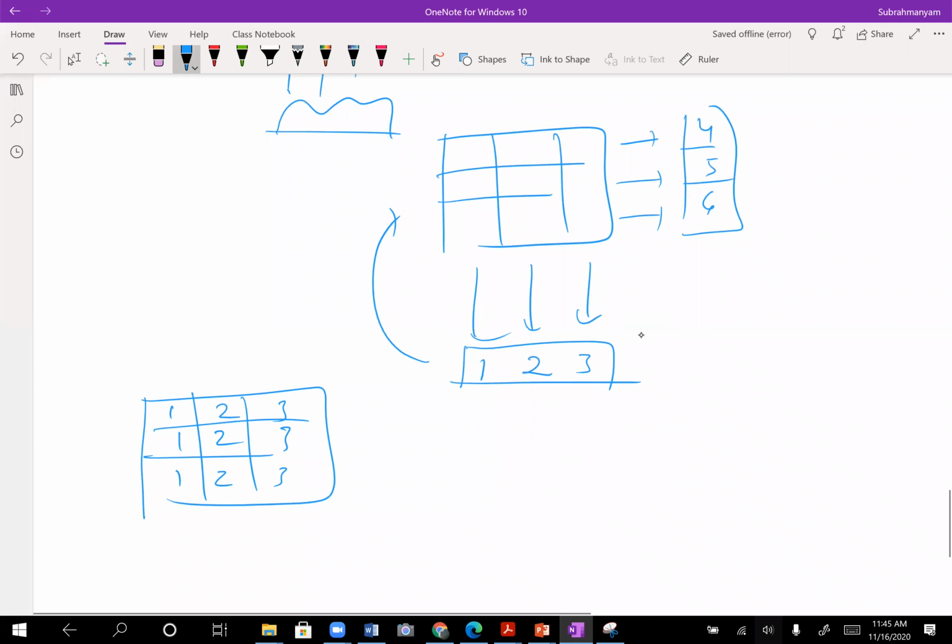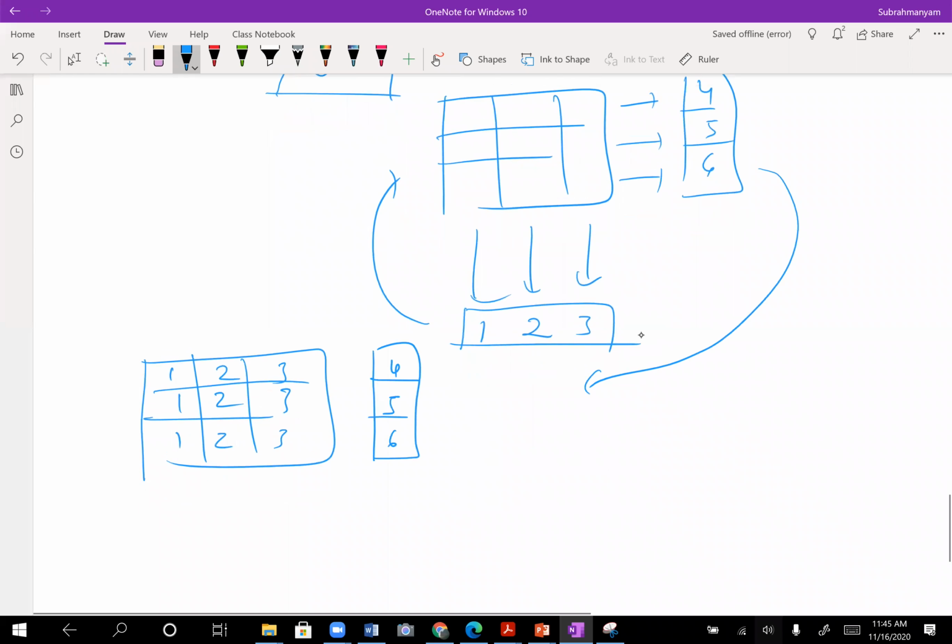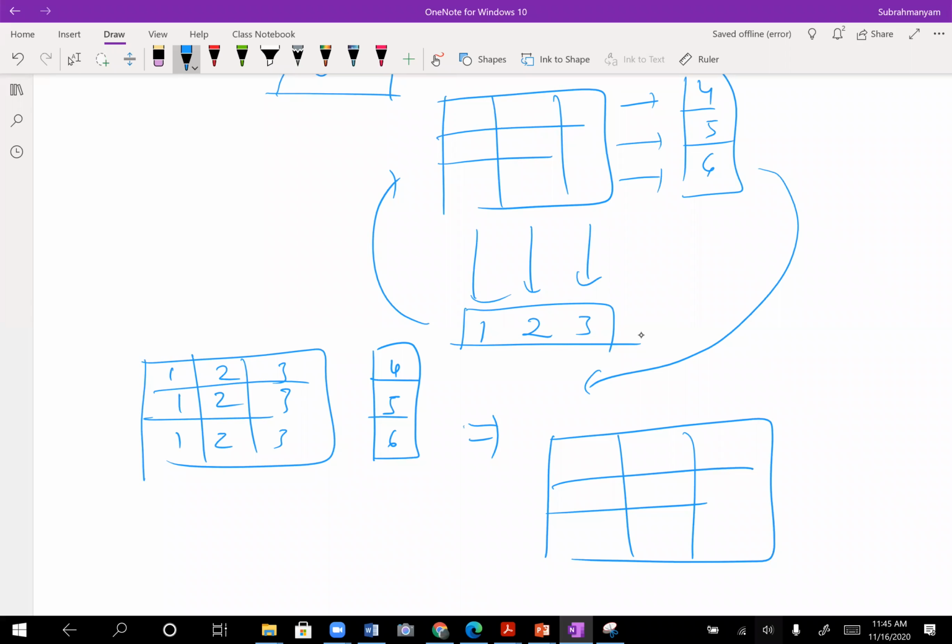Now you do this one as 4 5 6. What would be the result? Add 4 everywhere here, so 5 6 7, add 5 here, 6 7 8, add 6 here, 7 8 9.